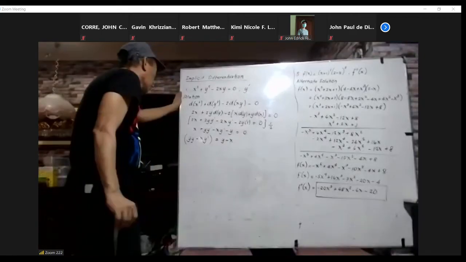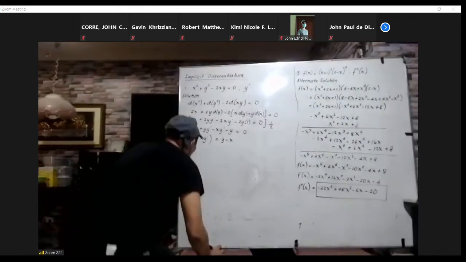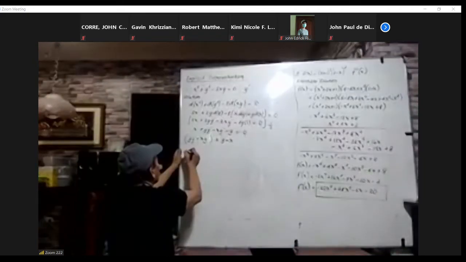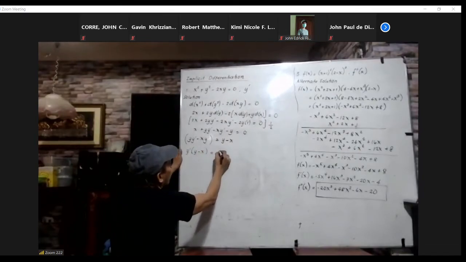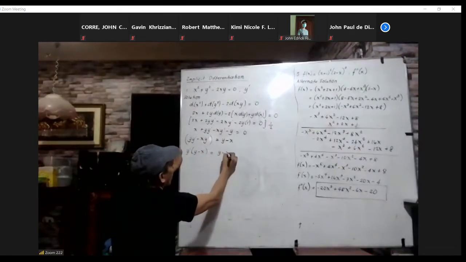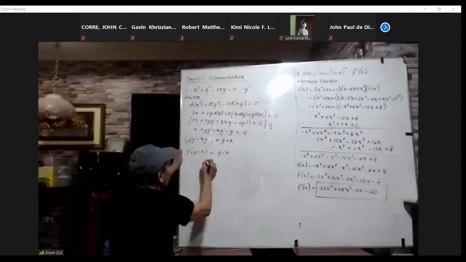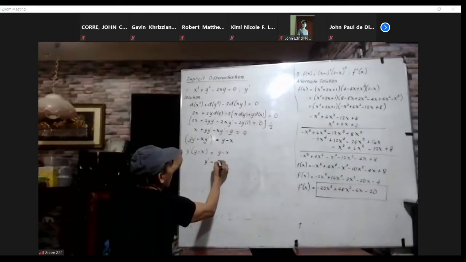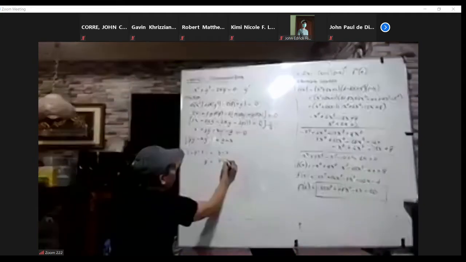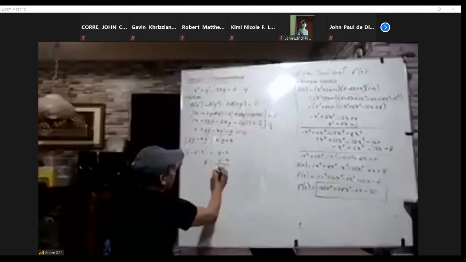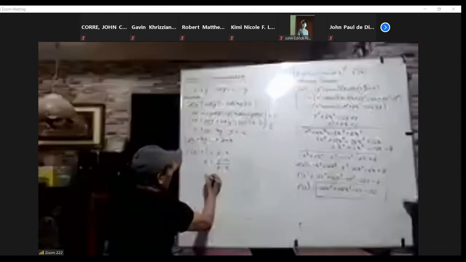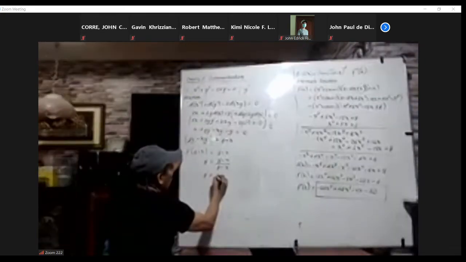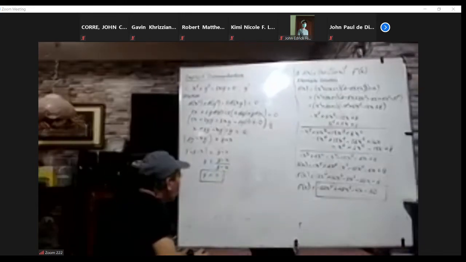Factor natin ngayon. Ang common factor natin ay derivative of y, multiplied by y minus x, equals y minus x. So, ngayon, derivative of y is equal to y minus x divided by y minus x. So, ang sagot natin, derivative of y equals 1. Okay, yun sagot niya.